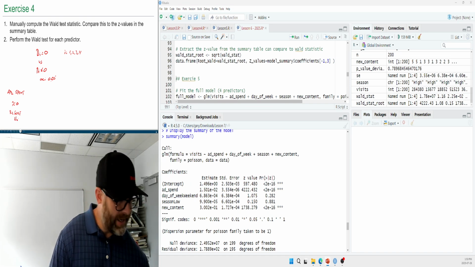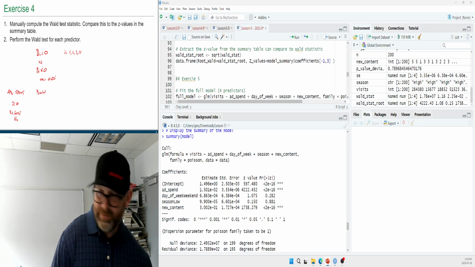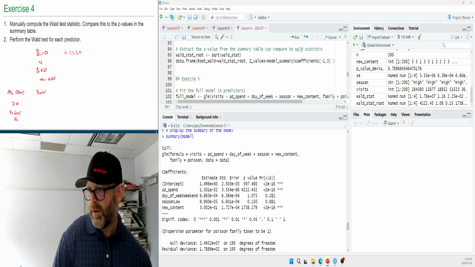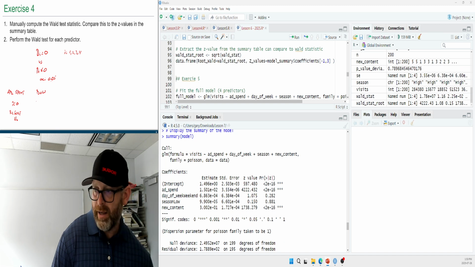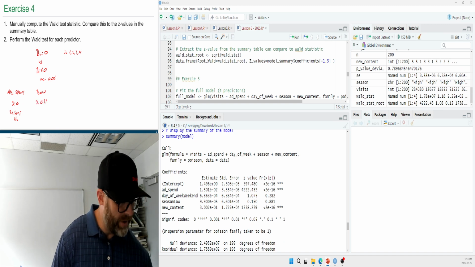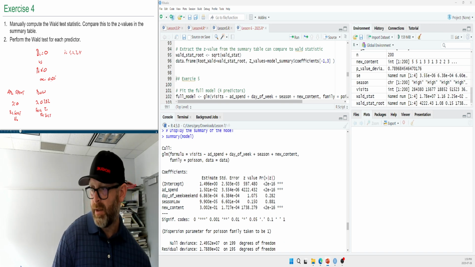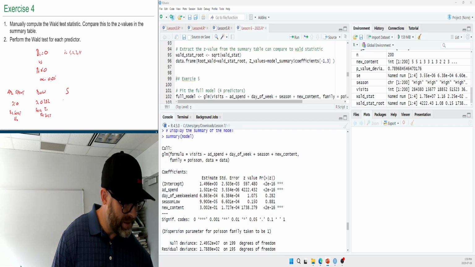If I look at day of week, p-value of this one is approximately 0.282. So fail to reject. Season S, approximately p-value 0.881. Again, fail to reject.